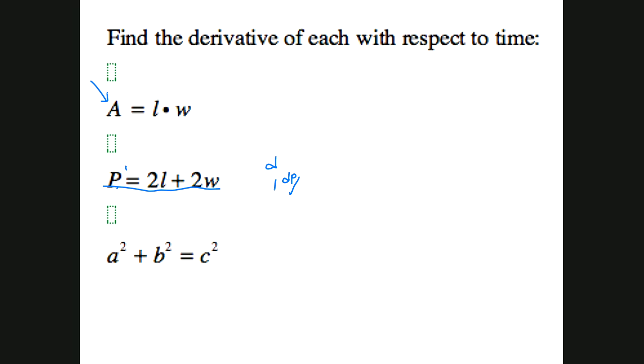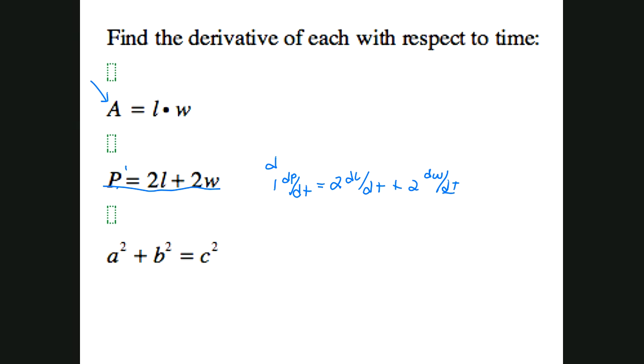So the derivative of p is just dp dt is equal to, well, the derivative of 2l is 2 times dl dt, plus the derivative of 2w is just 2 dw dt. The dt is just with respect to time.